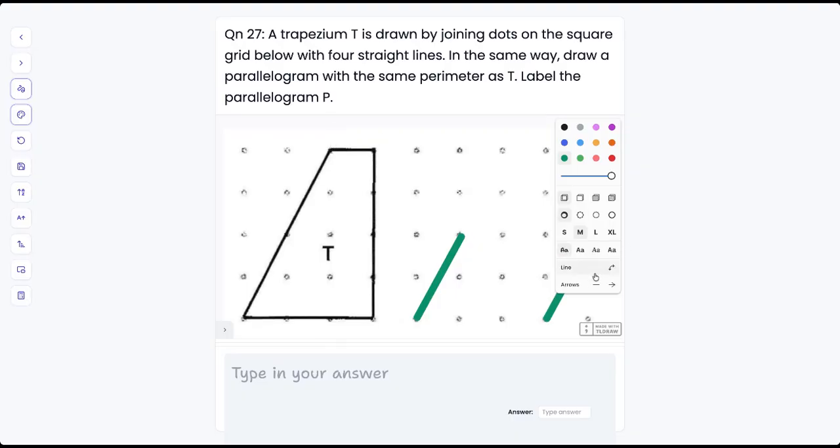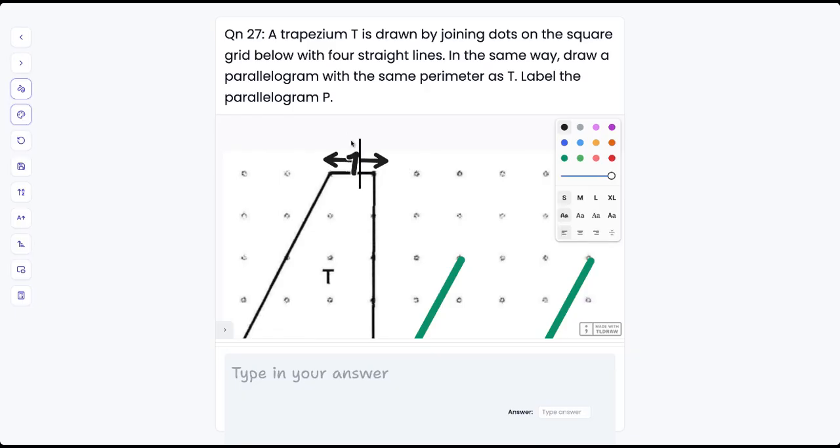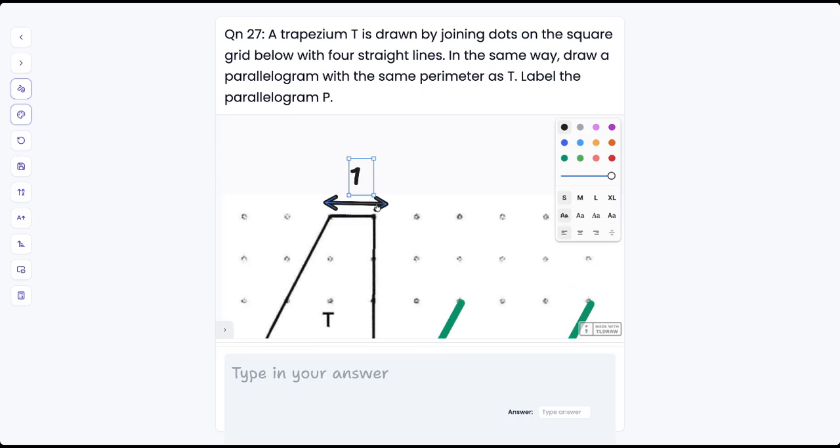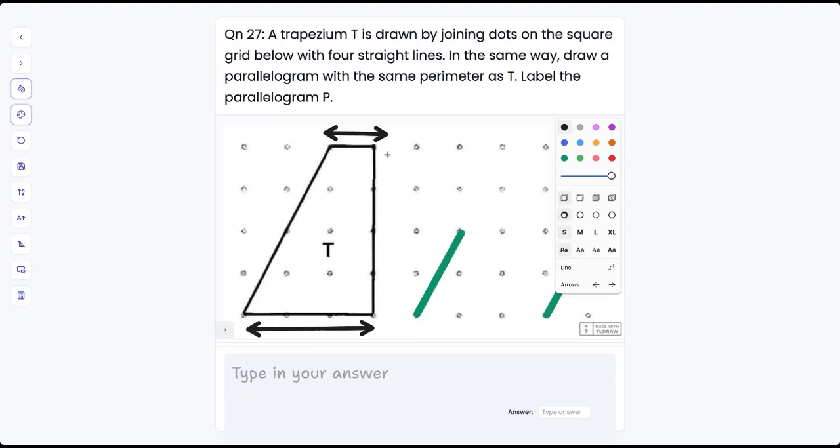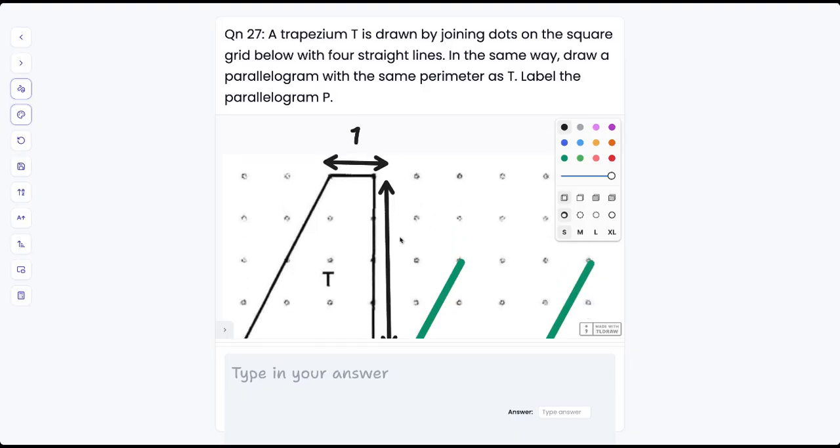Over here, this is 1. Then the other one we can put here as 3. Then this is 3. And lastly, this vertical line is 1 gap, 2, 3, and 4, so this is 4 gaps.